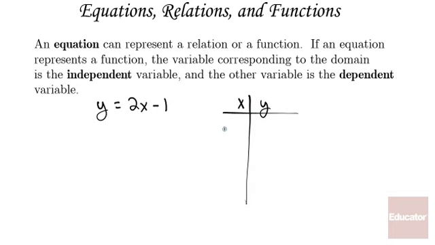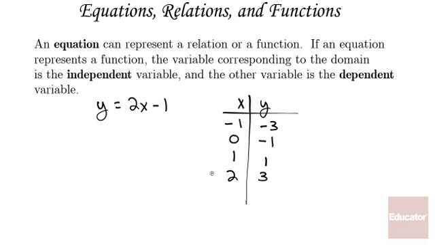Let's let x be -1. Well, -1 times 2 is -2 minus 1. That's going to give me -3. When x is 0, 0 times 2 is 0 minus 1 is -1. When x is 1, 1 times 2 is 2 minus 1, y is 1. When x is 2, 2 times 2 is 4 minus 1 gives me 3.